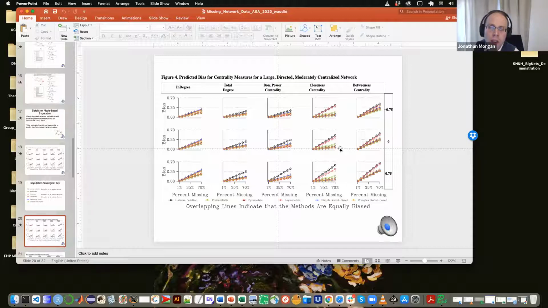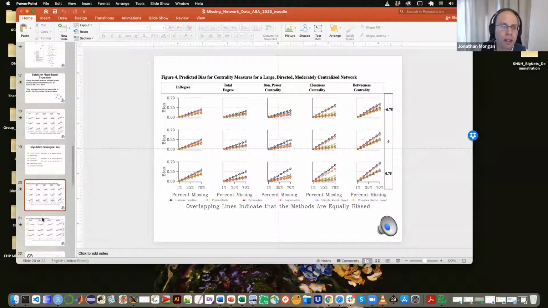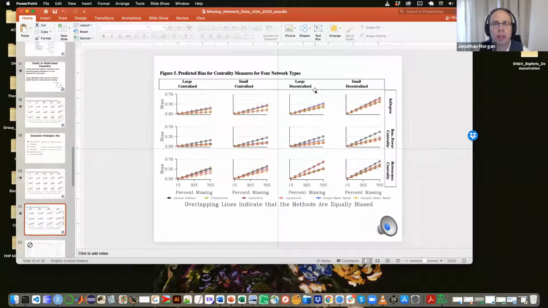So in Bonacich centrality, and actually, let me go to the next slide here, where we compare small and large networks and highly centralized and decentralized networks, the model-based approaches will often impute more ties than occur in reality.